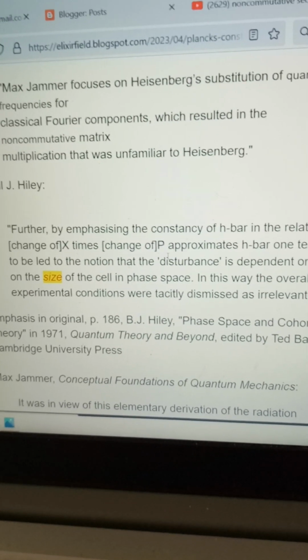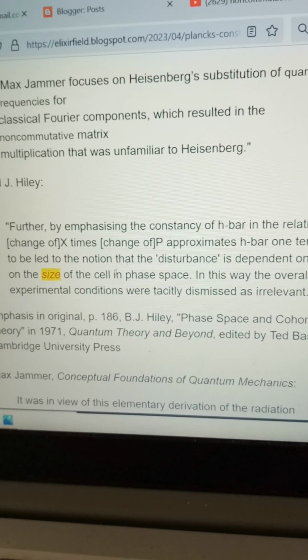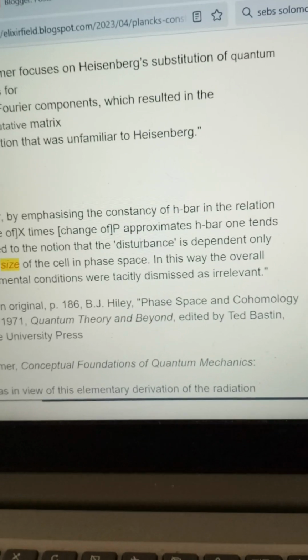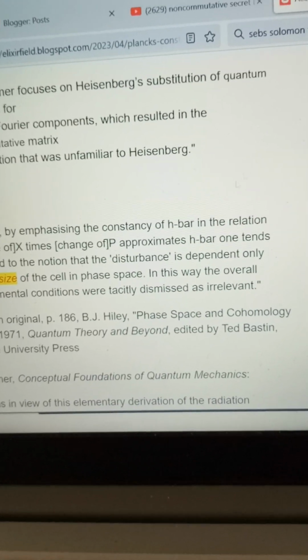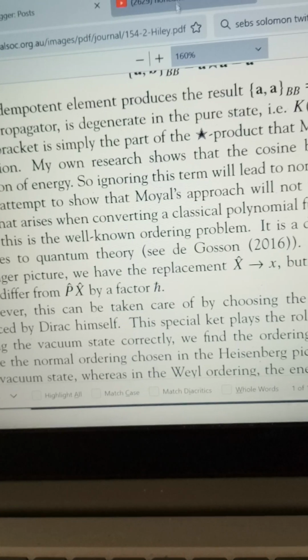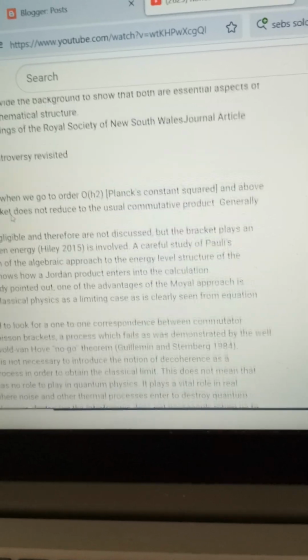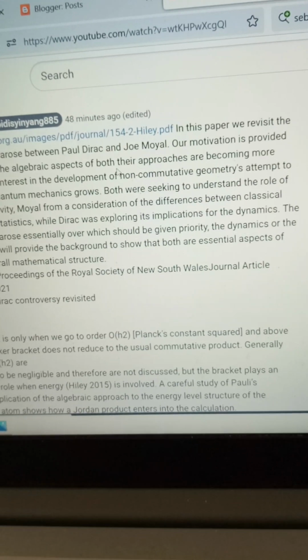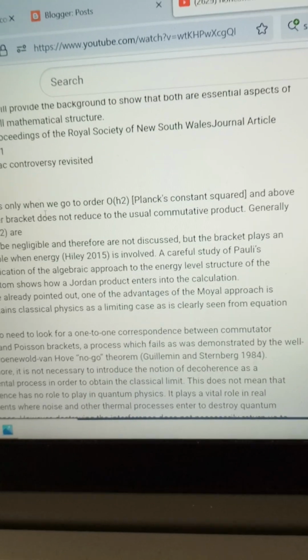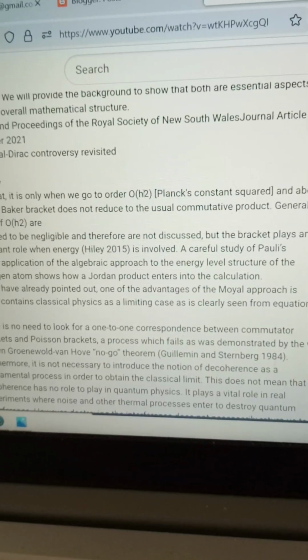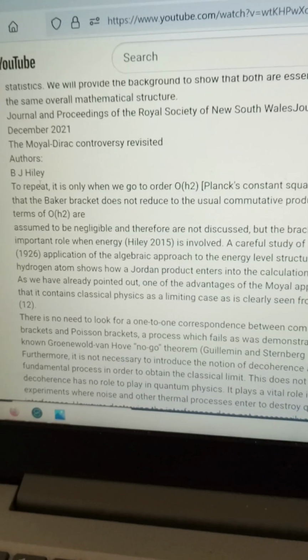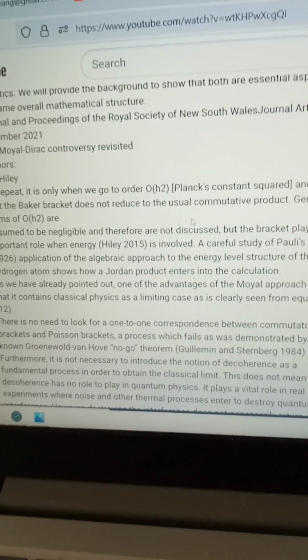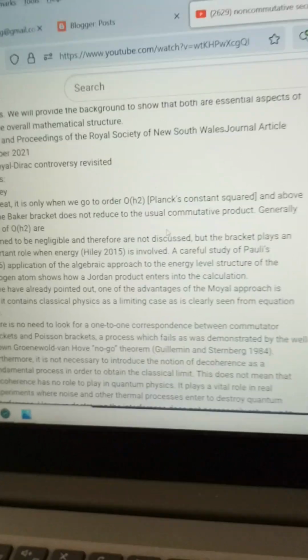So again, the key issue here is that h bar is the reduced Planck's constant, dividing h by 2 pi, where you're trying to maintain this symmetry of the phase space. And so I quote his same paper here: it's only when we go to Planck's constant squared and above that the Baker bracket does not reduce to the usual commutative product.